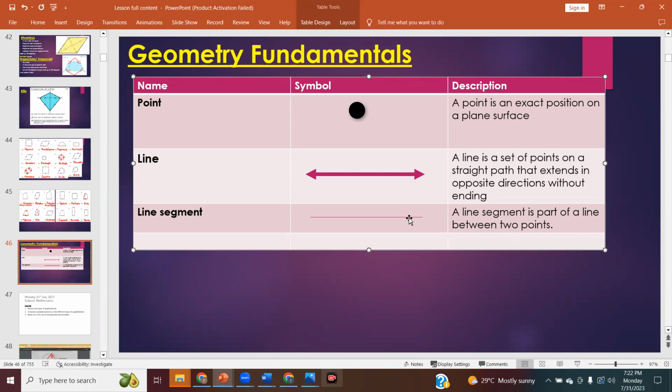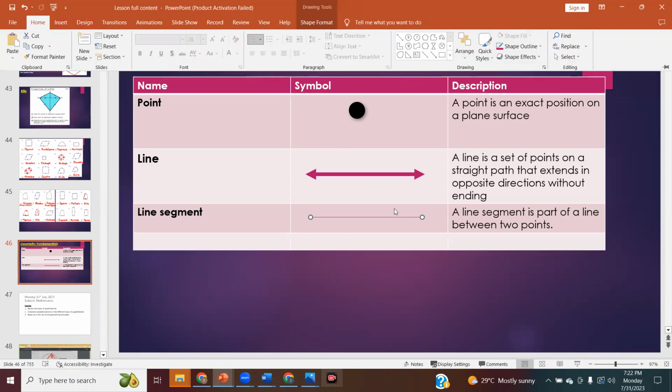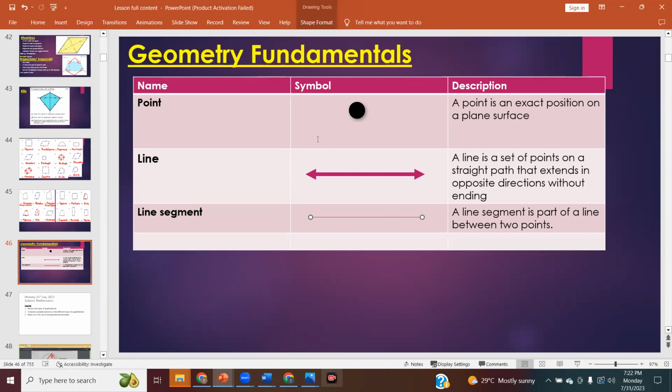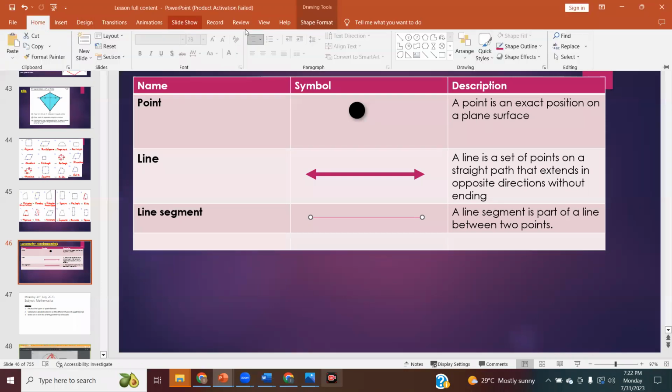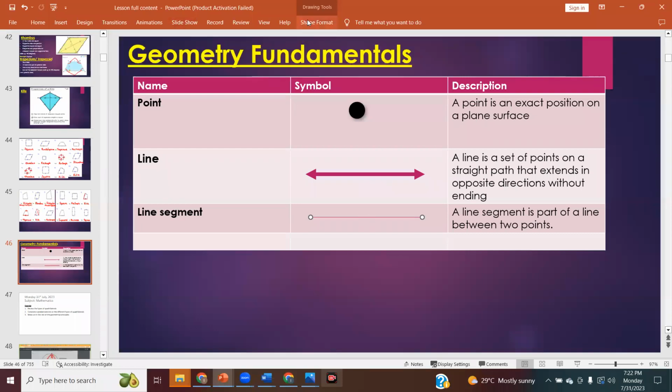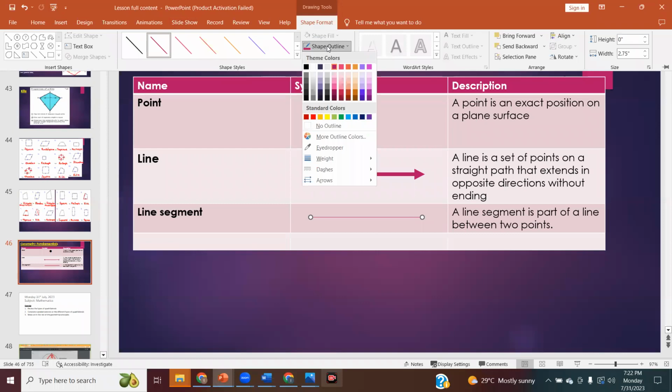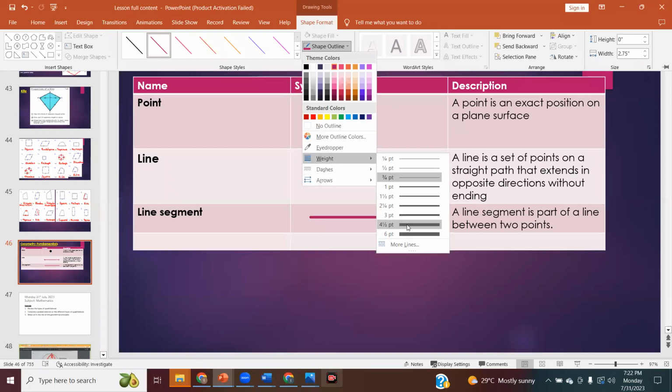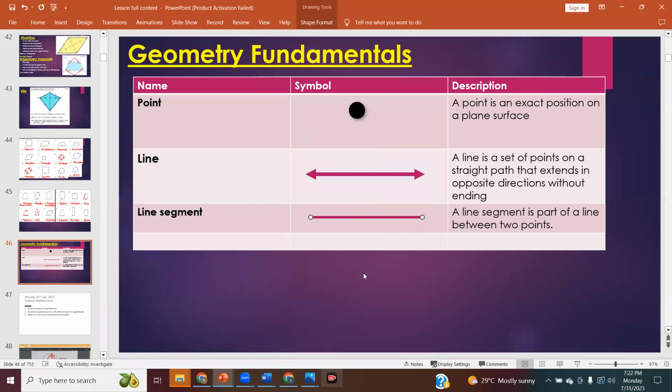So let's make it very clear what we're looking at.